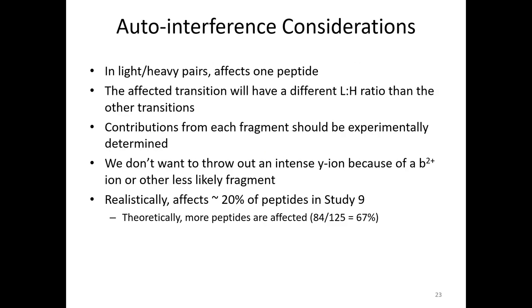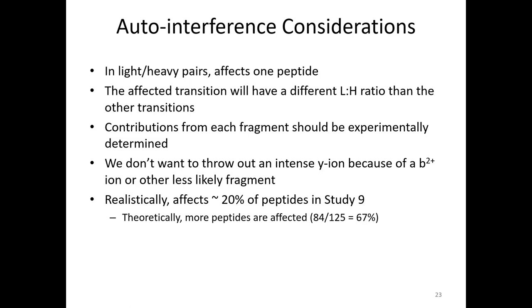You don't realize that that's what's happening, but there are experiments you can do to check for it. So if you're using light and heavy pairs, it'll only affect one of those peptides, because the other peptide will either be labeled or unlabeled, and those product ions won't have the same exact mass. You may not want to just throw away that product ion if you don't see a B ion from it.